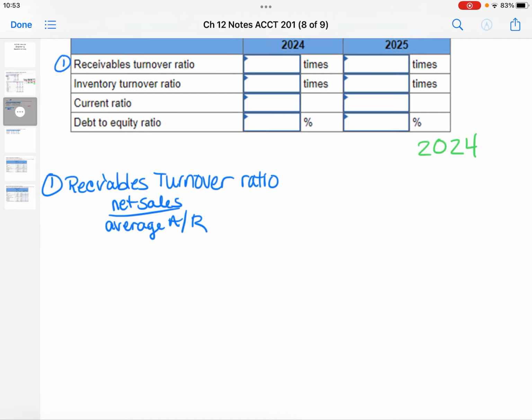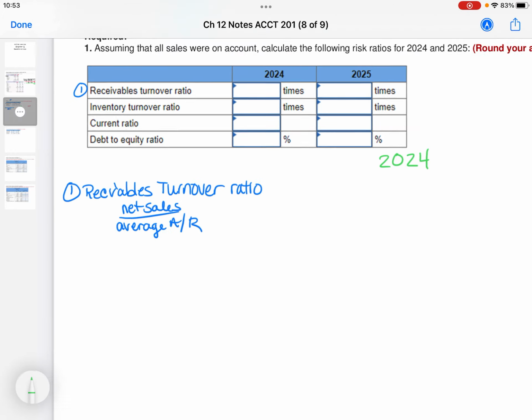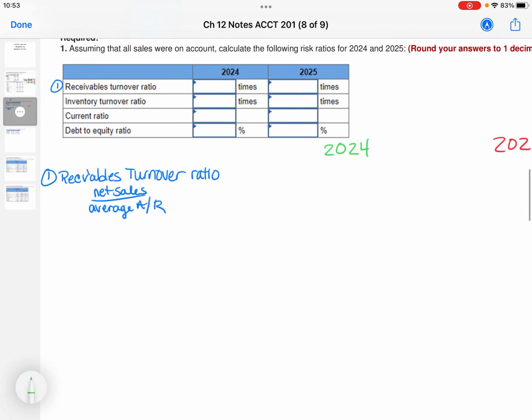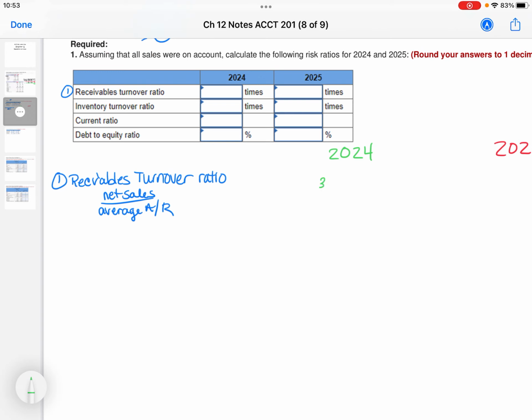All right, so let's do the old year first. So 2024. Net sales for this problem is 3,086,000. That's our net sales. And we're going to divide this by average accounts receivable, which we just calculated was 80,500. So you'll get an answer in your calculator of 38.3354.